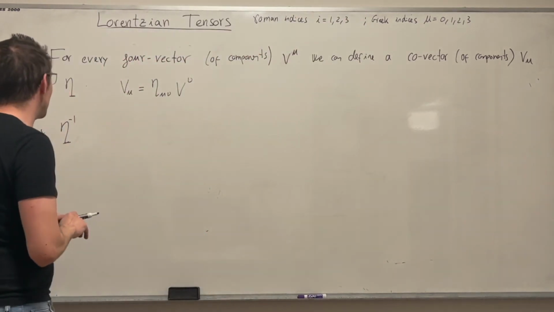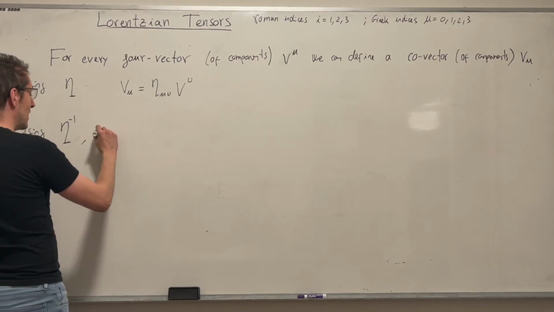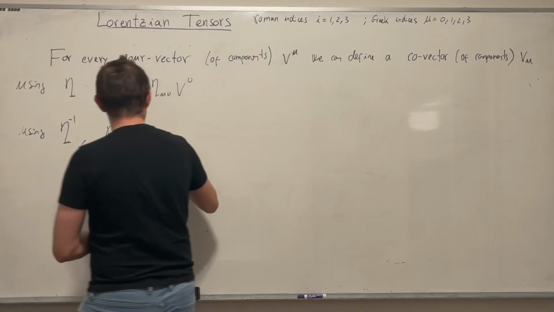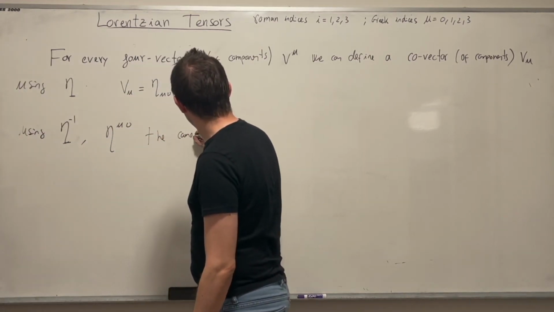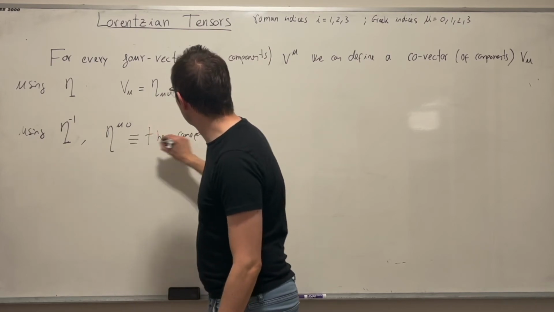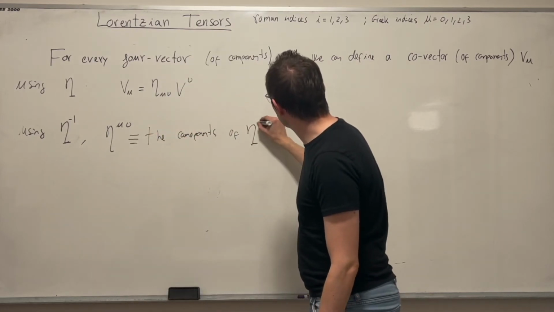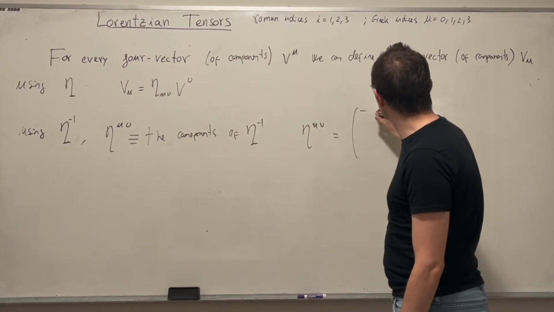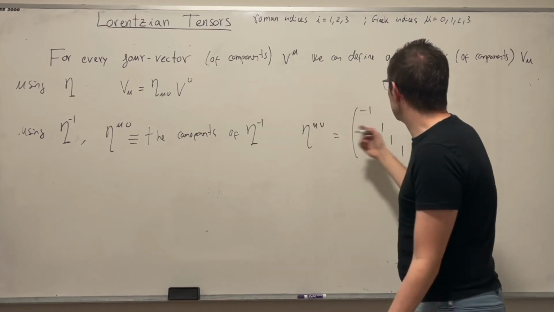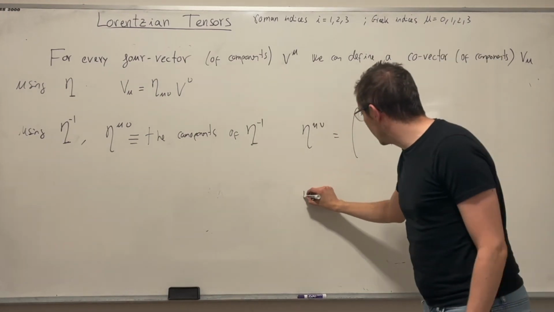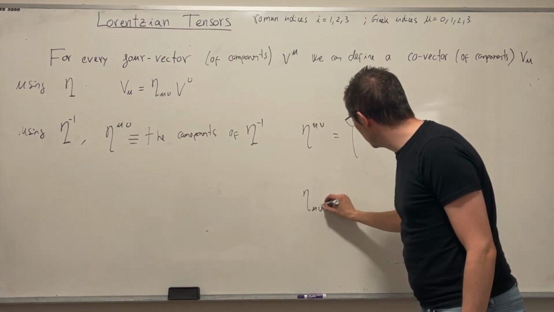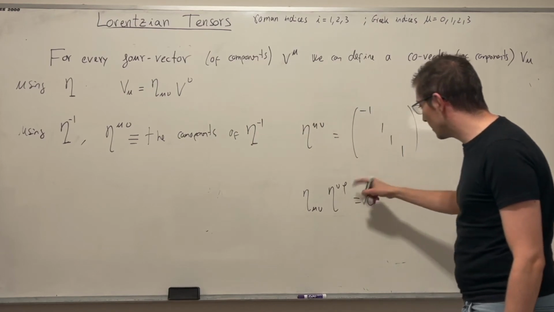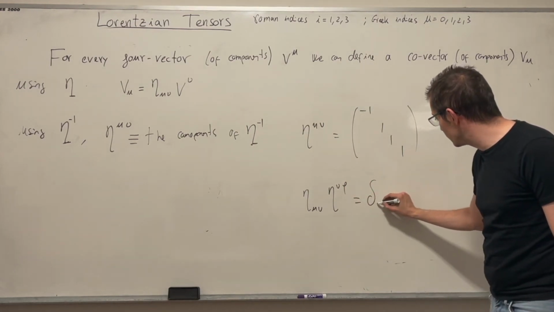We can define the inverse, and in fact, it so happens that the components eta super mu nu, these things are the components of the inverse metric, happen to be the same, right? If you compute the inverse of the matrix minus 1, 1, 1, 1, you find that it's the same inverse, right? It's easy to check, right? Eta, do you remember that eta mu nu, eta, let's call it nu rho, has to be the identity because they're inverses of each other, so mu rho.